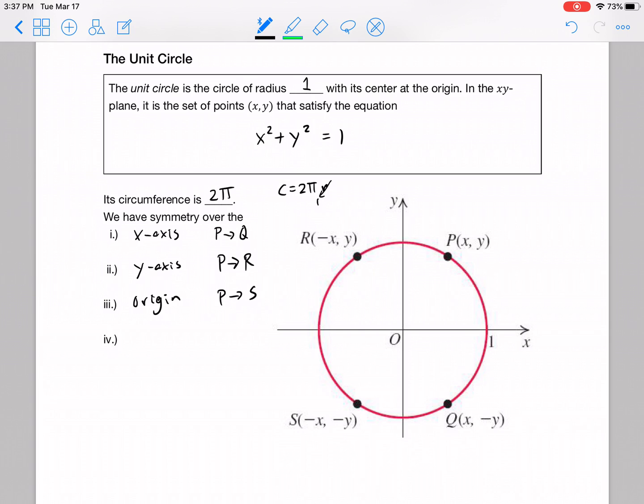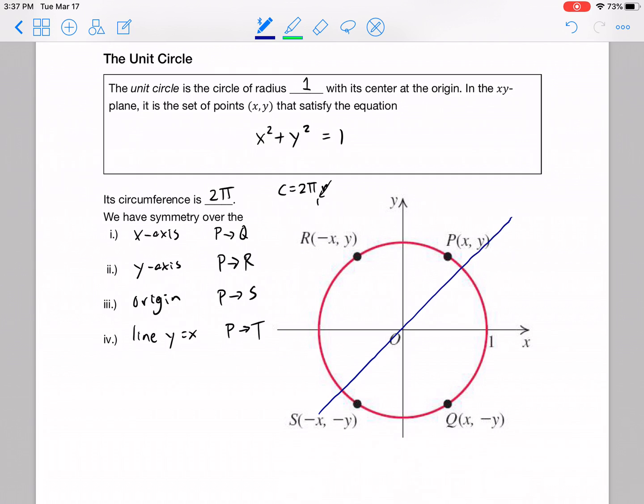And we have symmetry over the line y equals x, the identity function, which is P to T. And that was that. That was this line here. I have to actually draw point T in, but we'll have this line.